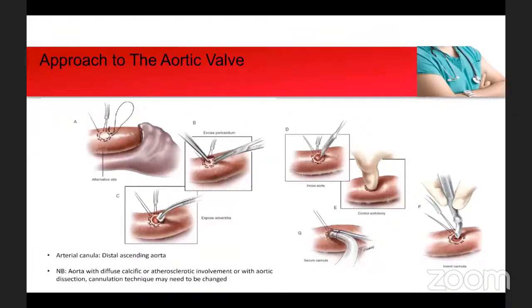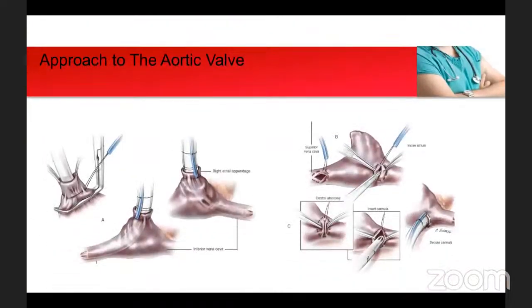After the ascending aorta has been cannulated in the usual fashion, here we can see a dual stage venous cannula in the right atrium. In case of a combined procedure like mitral or tricuspid valve, a bicaval cannulation is needed, of course.